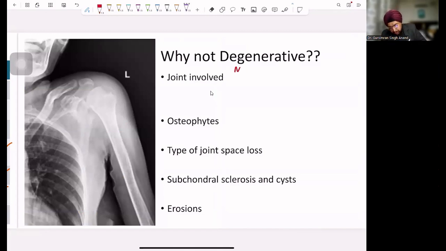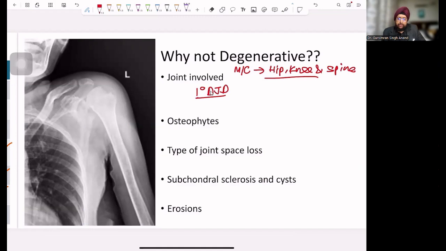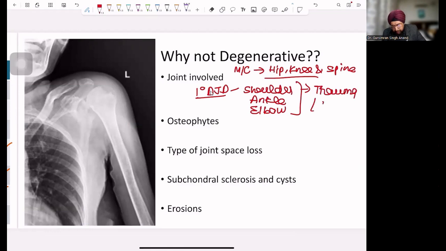The most common joints to be involved by degenerative osteoarthritis include the hip, knee, and spine. Primary degenerative osteoarthritic disease in the shoulder, ankle, and elbow is very rare unless you have some previous history of trauma or any surgical intervention.